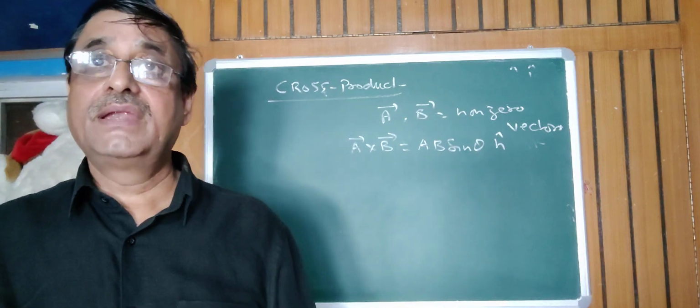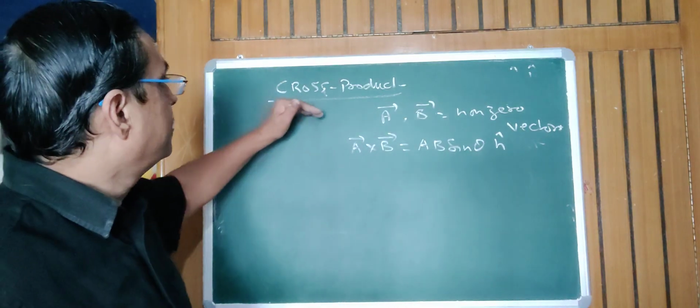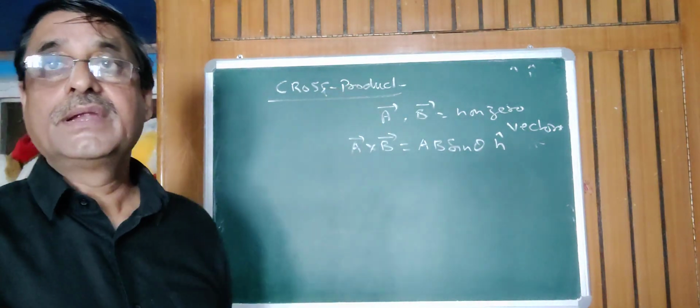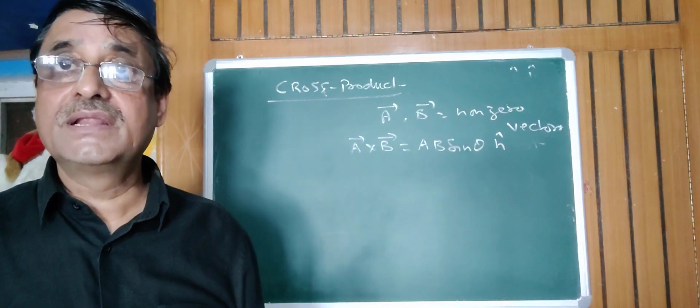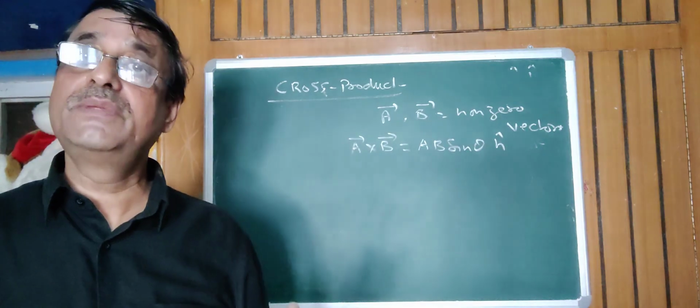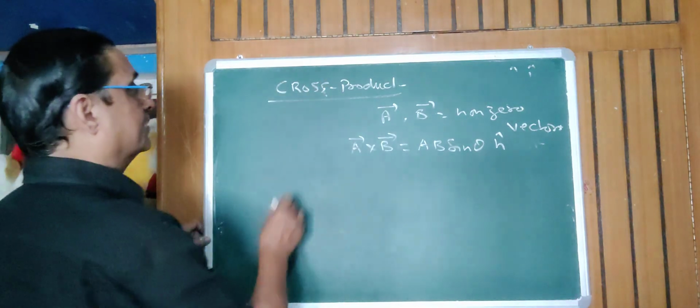And you see why we are writing n cap? Because cross product is what? It is a vector quantity. It is a vector. It is not a scalar quantity. A dot B is scalar; it has only magnitude, while this has direction also.